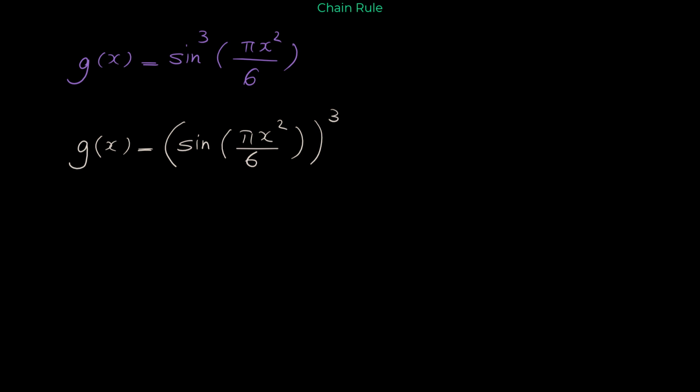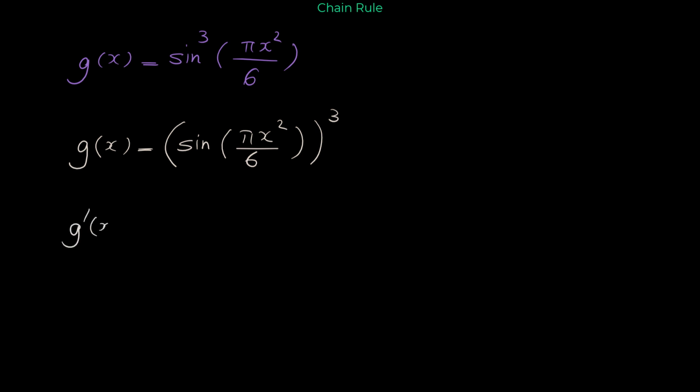The big bracket is the inside and the power 3 is the outside function. Gradually, as you get familiar with derivative rules, you don't need to do this anymore. But at the beginning, it's better to do this to not make mistakes.